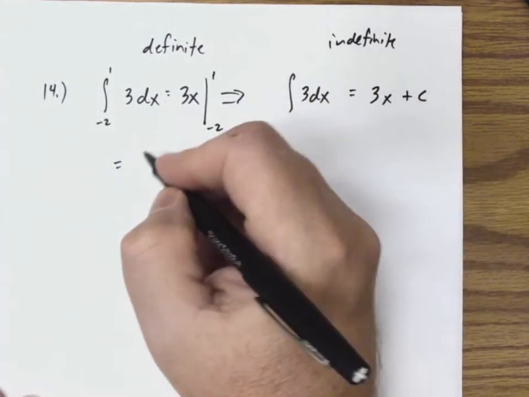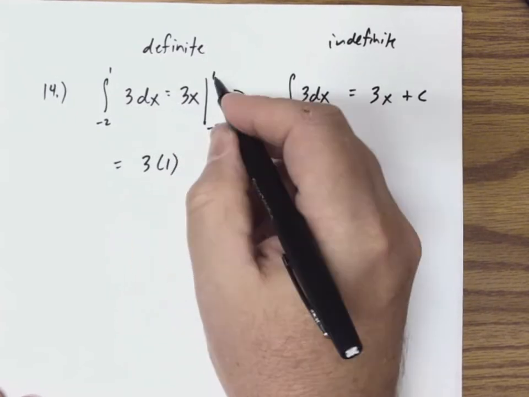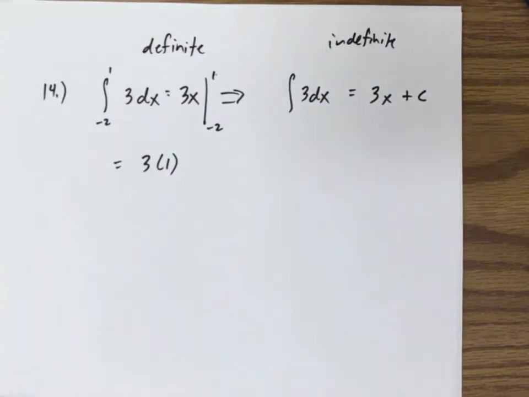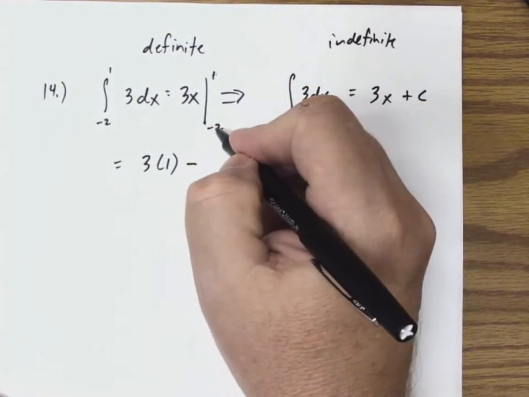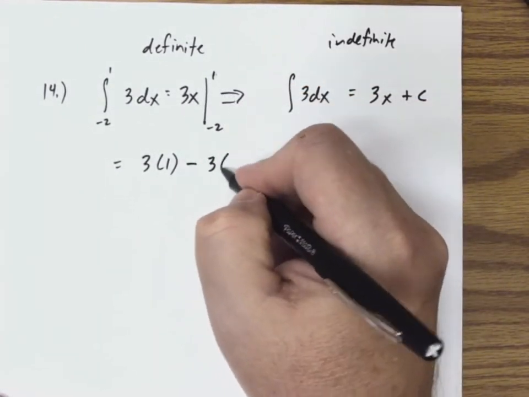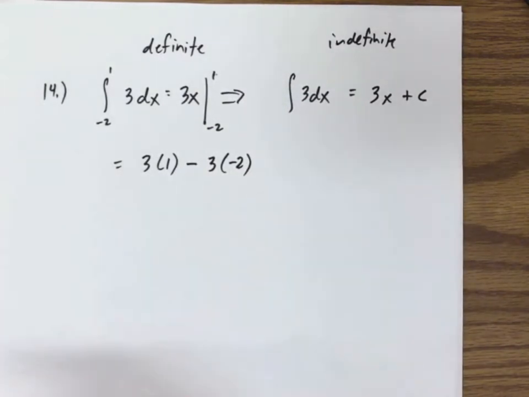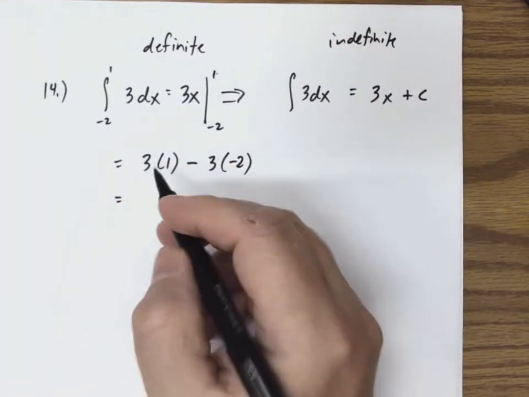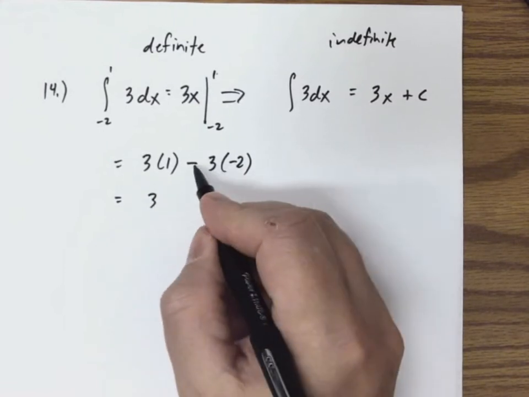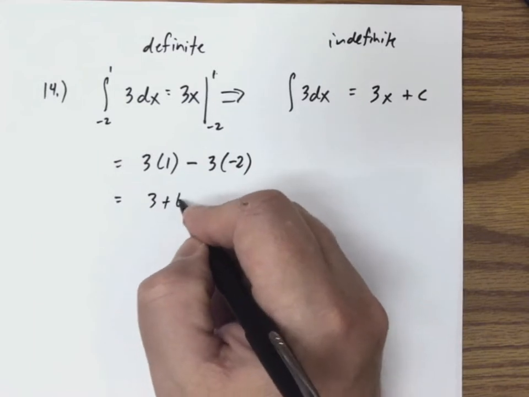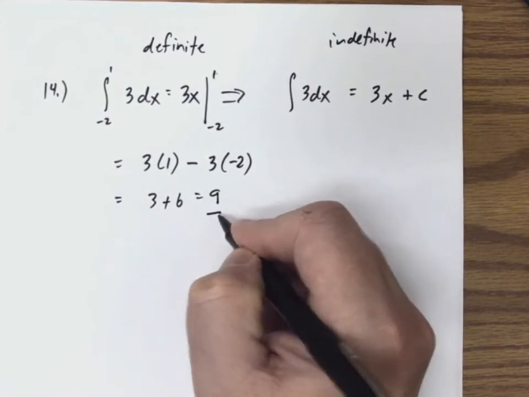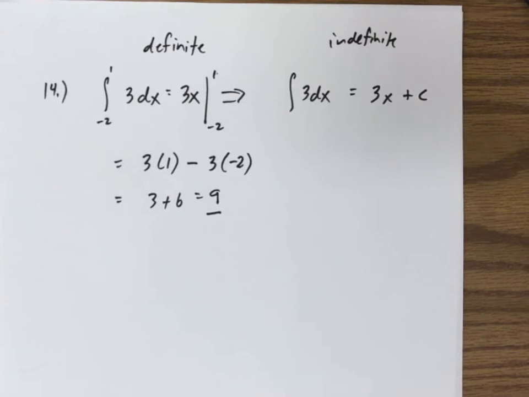So just to make it clear, I'm going to substitute 1 in for x, then I subtract, now I'm going to plug in -2 for x, so this is 3 times -2 is -6, but subtracting -6 is +6. When you solve a definite integral problem, your answer is going to be a number.